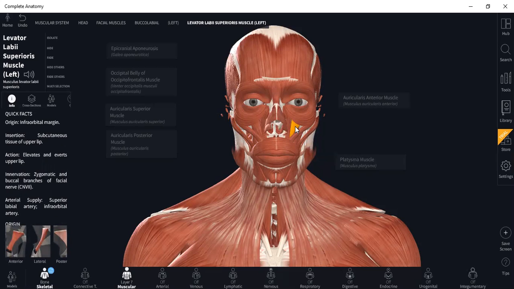This is levator labii superioris. When it contracts, it will elevate the upper lip.